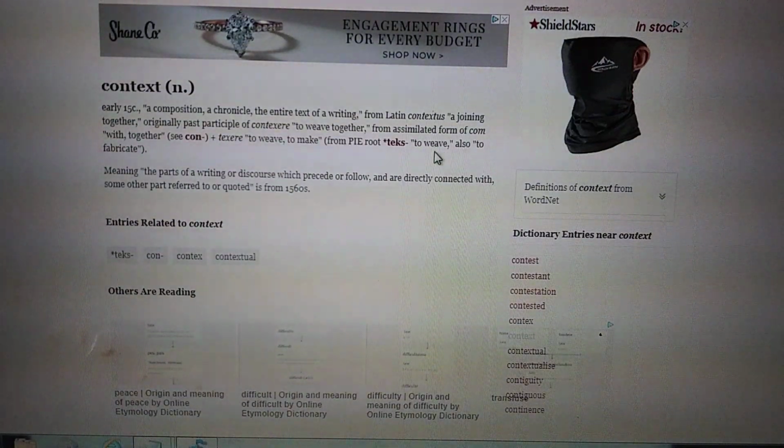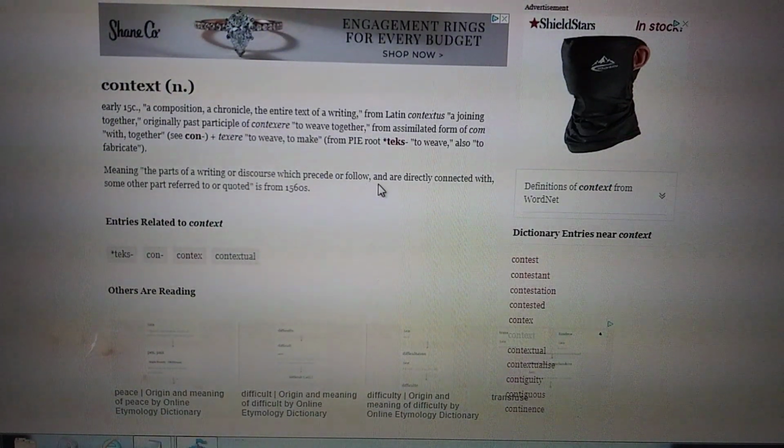You're weaving, you're fabricating, okay? Meaning the parts of writing or discourse which precede or follow and are directly connected with some other part referred to or quoted, is from the 1560s. Okay, that is the context.